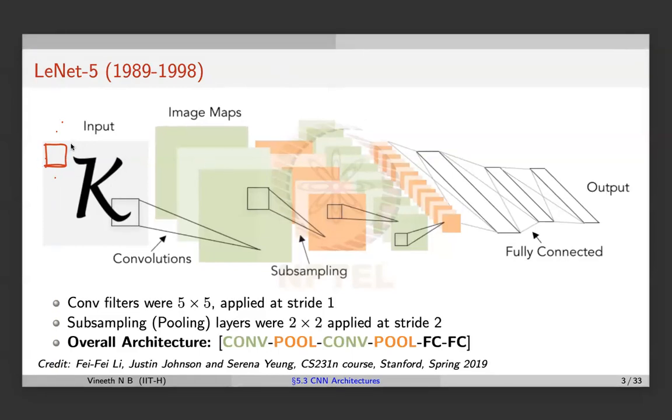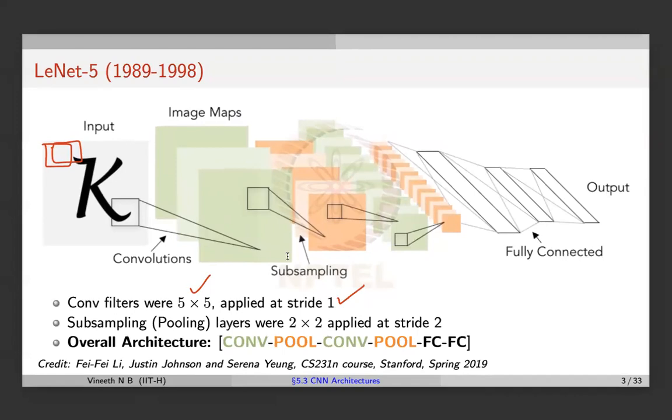If you move the filter by 3 blocks, then the stride will be 3. But if you start from here and just move the filter by 1 block and place the second, then the stride is 1.